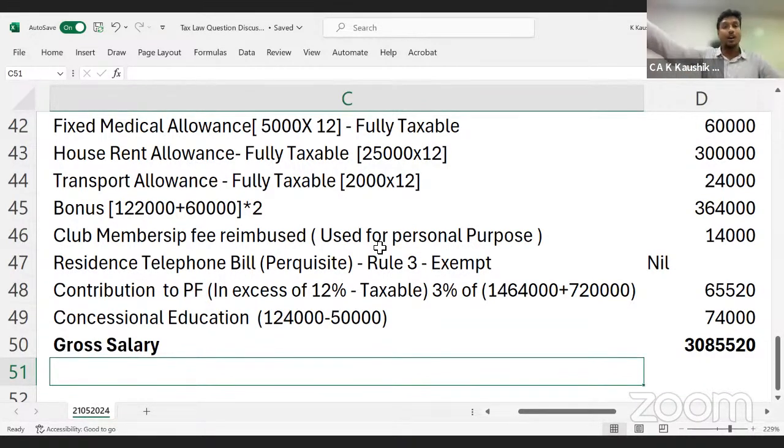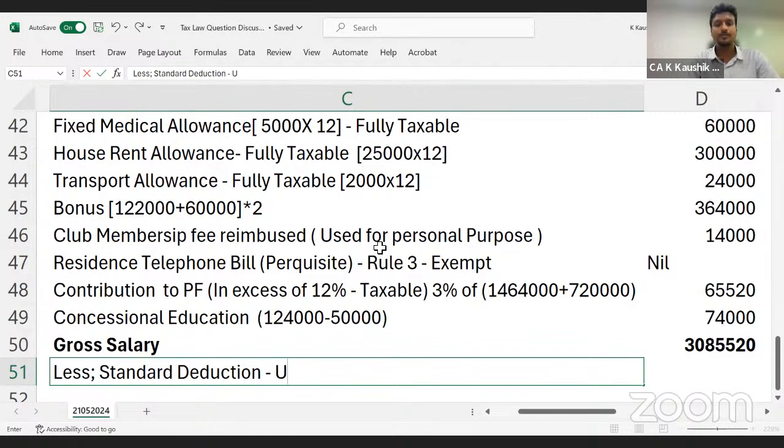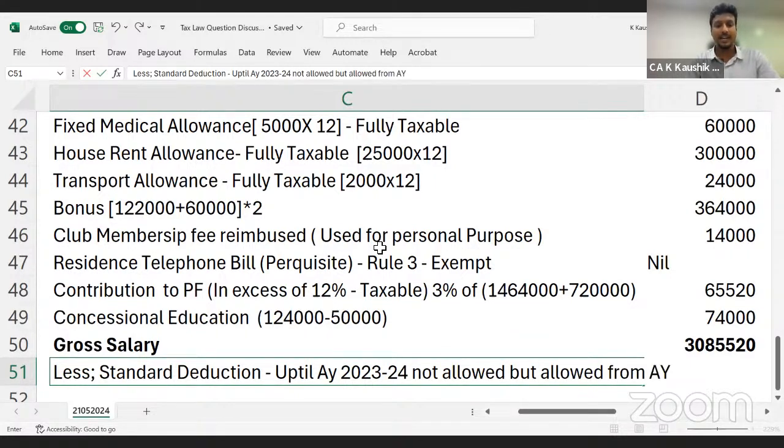However, when we look at this from the perspective of assessment year 24-25, from assessment year 24-25, the standard deduction is applicable under new regime. Okay, so less standard deduction: up till AY 23-24 not allowed, but allowed from AY 24-25.